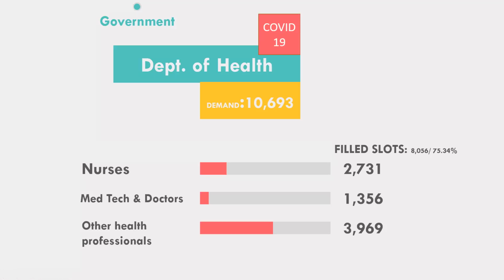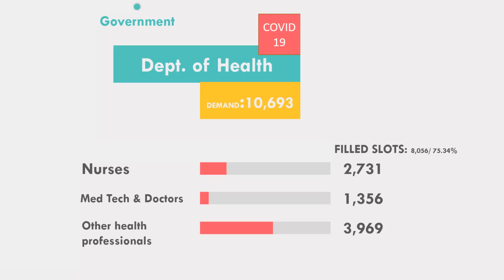For example, for nurses, the DOH already has 2,731. And for medtech and doctors, they already filled 1,356 slots, and other health professionals already filled 3,969.